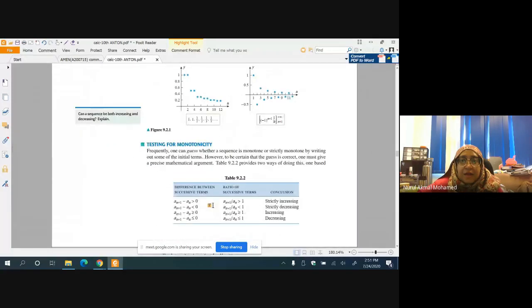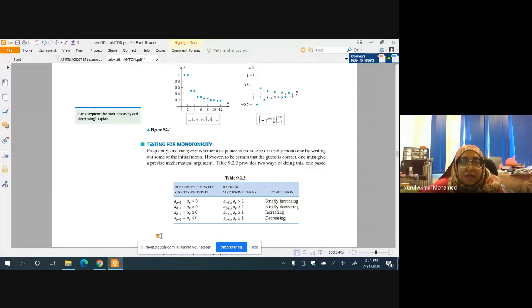And then you can test for monotonicity. There are two tests. One is to find the difference between successive terms. Another one is by finding the ratio of the successive terms.